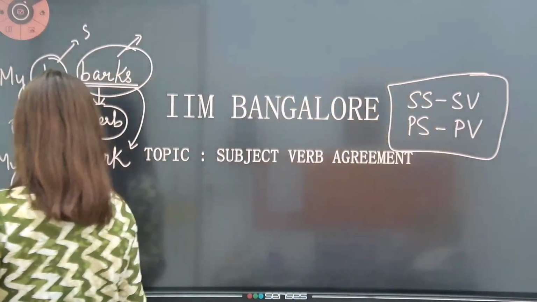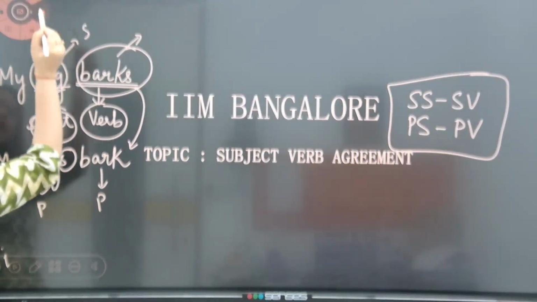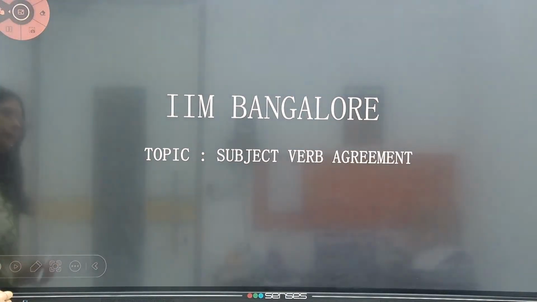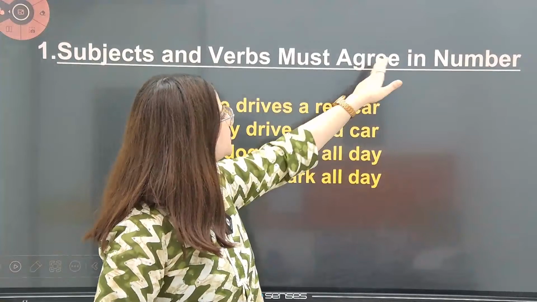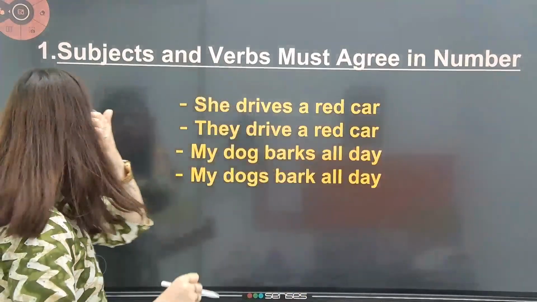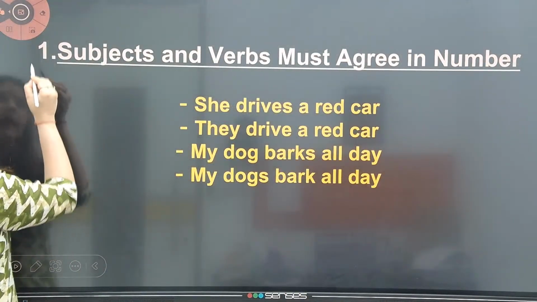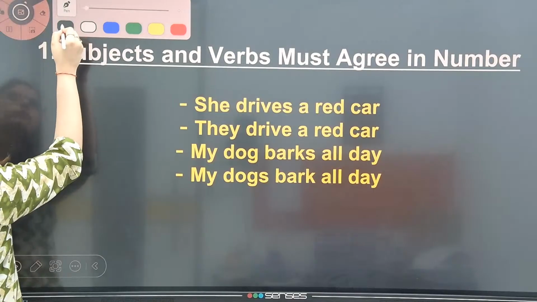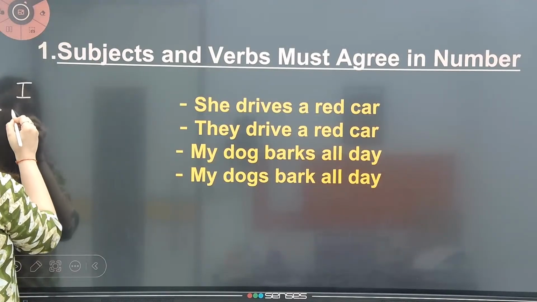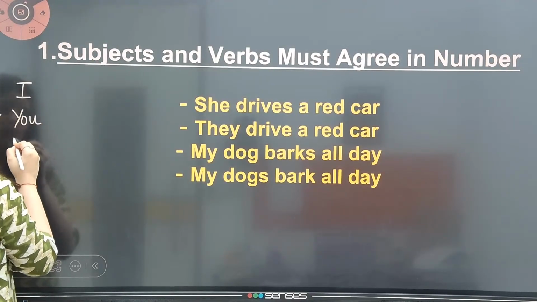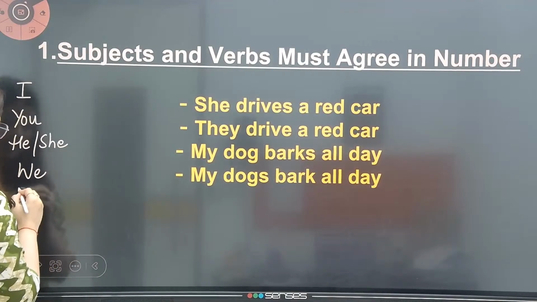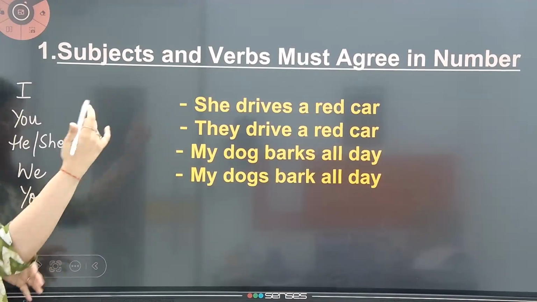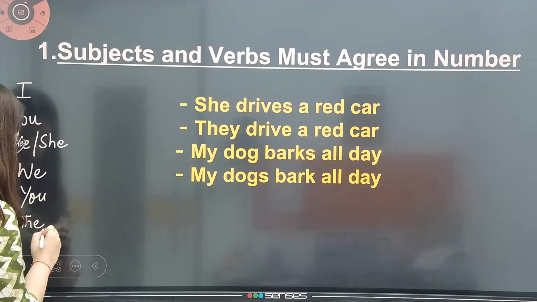So if we talk about the rules now, subjects and verbs must agree in number. So let's say I, you, he, she, we, you as in plural you, and they.